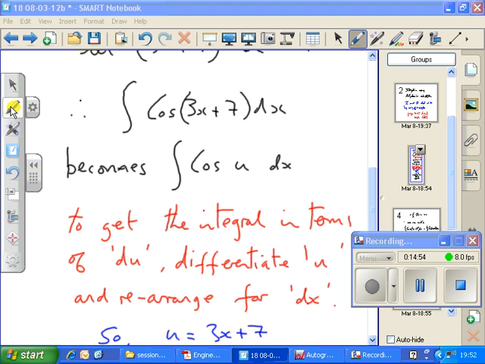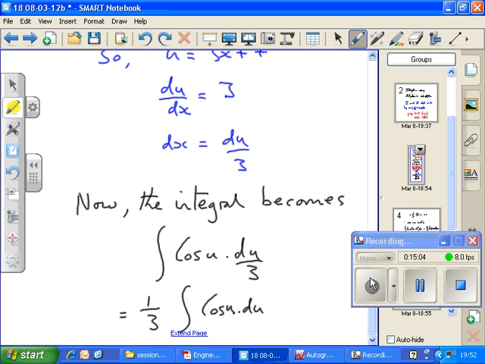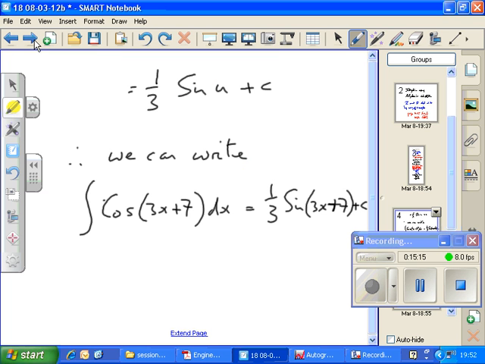When I've done that, I can then do the integral. What's the integral of cos u times du over 3? I can bring the third outside and just do the integral of cos u with respect to u, which is sine u. So the final answer is 1/3 of sine u plus c. And so that's my final solution.